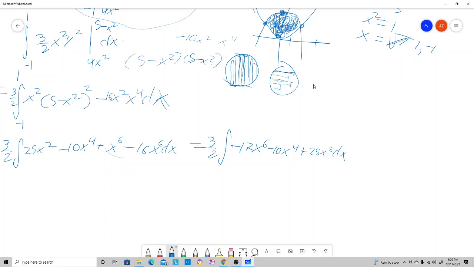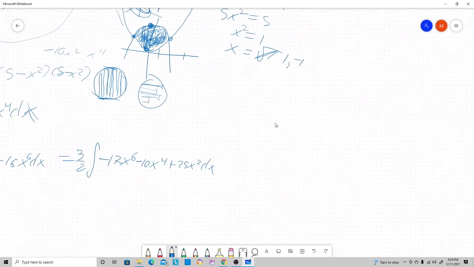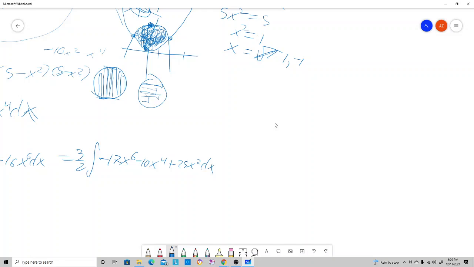And now we can integrate it. So we're going to have 3 over 2. Oh, remember, -1 to 1. Another thing I wanted to note is that all of these powers are even powers.